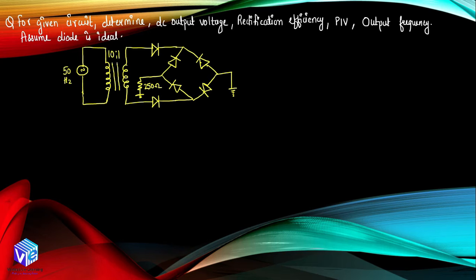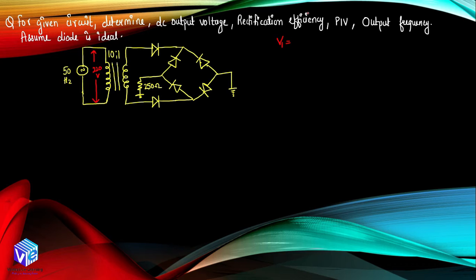Now it states, for a given circuit, determine the output voltage, rectification efficiency, peak inverse voltage, and output frequency. We have to assume all of the diodes are ideal. So what all things are given? The V1 is given, which is equal to 220 volt.